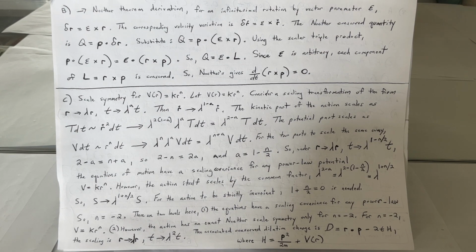So the associated conserved dilation here is D equals r dot p minus 2tH, where H equals p squared over 2m plus V of r. Okay, so that's what we have here.